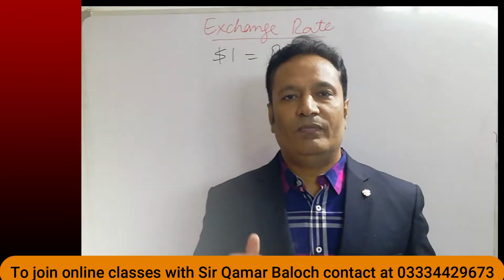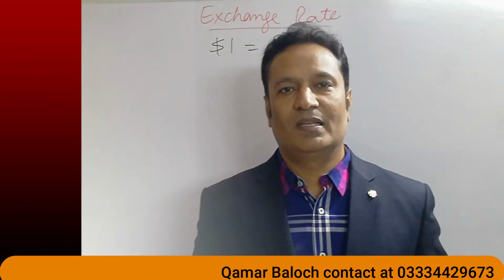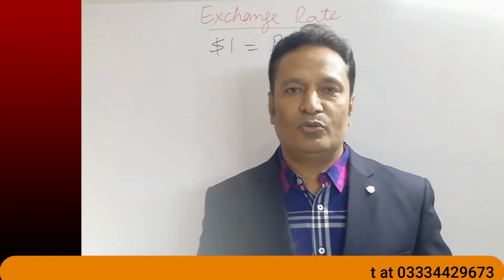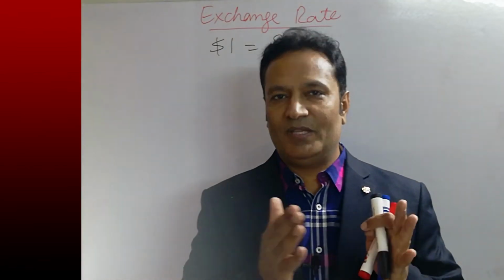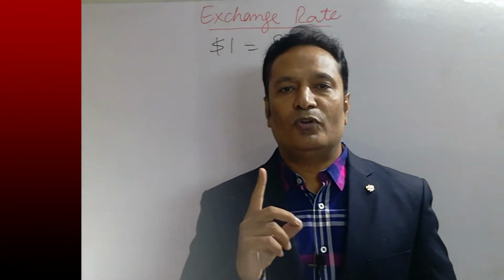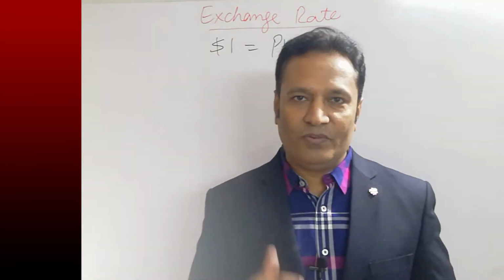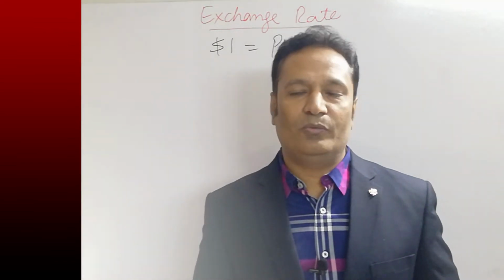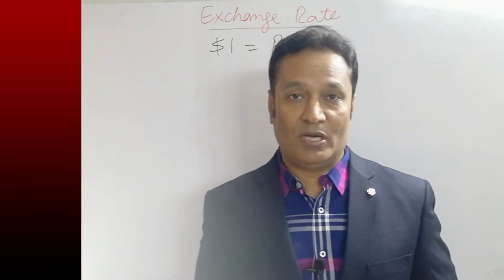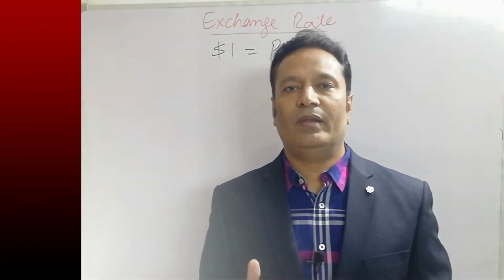For example, if we go to the market to purchase any product, we have to pay its price. Similarly, when we go to the foreign exchange market to purchase another currency, we will have to pay some price. For example, if we want to purchase $1 and we have to pay 150 Pak rupees, then the $1 exchange rate against Pak rupees will be 150 Pak rupees, or 1 rupee can purchase 1 over $150.